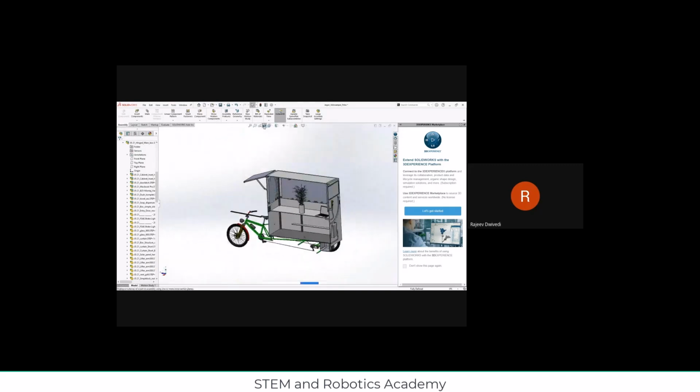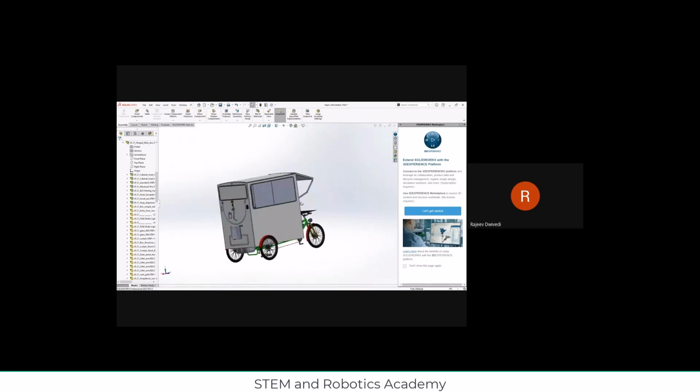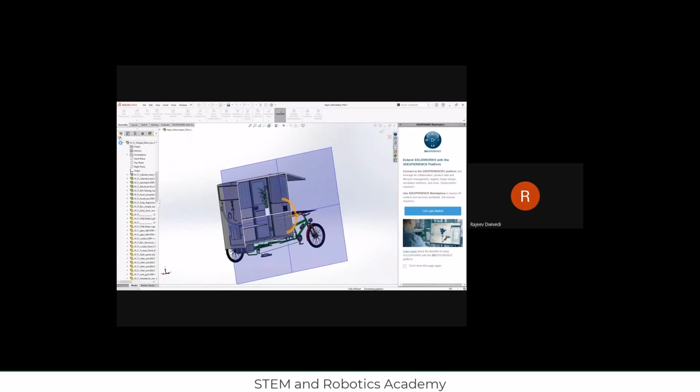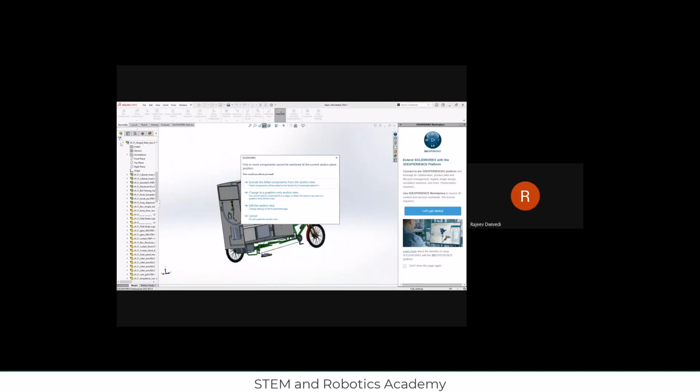And let's see the other side of this. So obviously this is the door and this is the window, and from this side we are going to see the section view. Just bear with me.